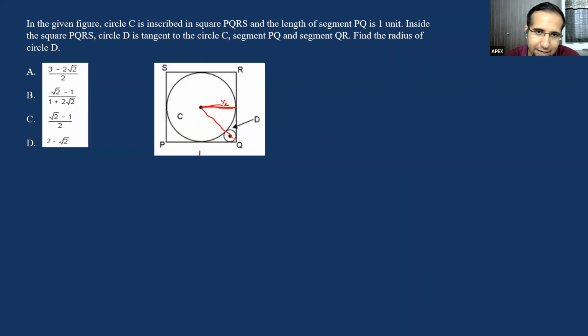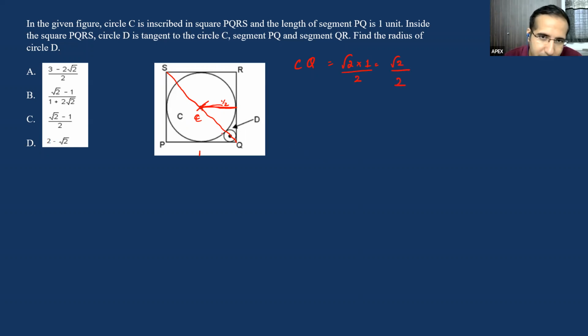If I draw a diagonal here, this will go through the center of both the circles. So first of all, I need to know the diagonal part, and then I'll calculate this part. Let's say I'm terming this as C only. So I know the value CQ. Now CQ will be nothing but half the diagonal of a square; the diagonal is root 2 into 1, so CQ is root 2 into 1 divided by 2. Clear guys?